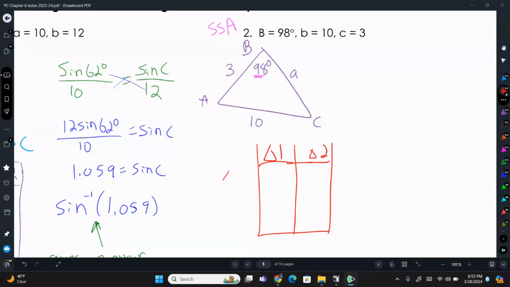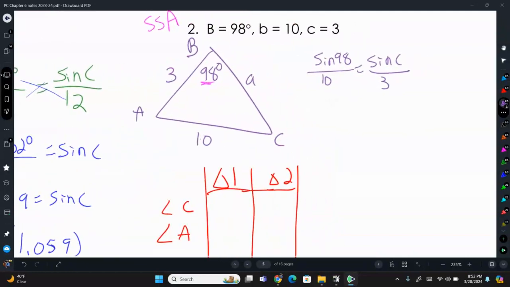So we have angle C that we have to find, angle A, and we have side A. So we're going to do sine of 98 degrees over 10 equals the sine of C over 3. So then we cross multiply and divide. So 3 times the sine of 98 over 10 equals sine of C.